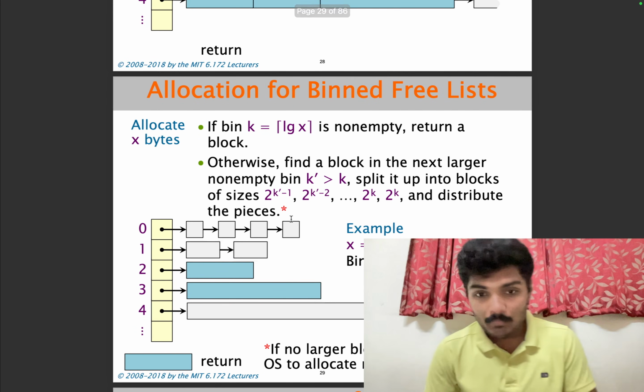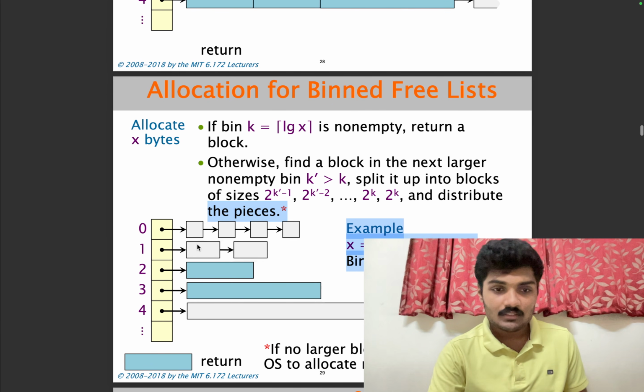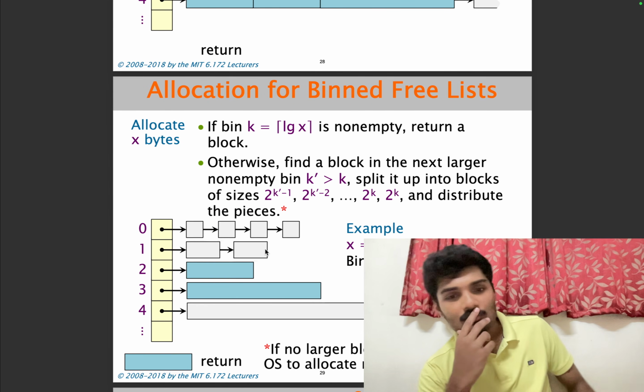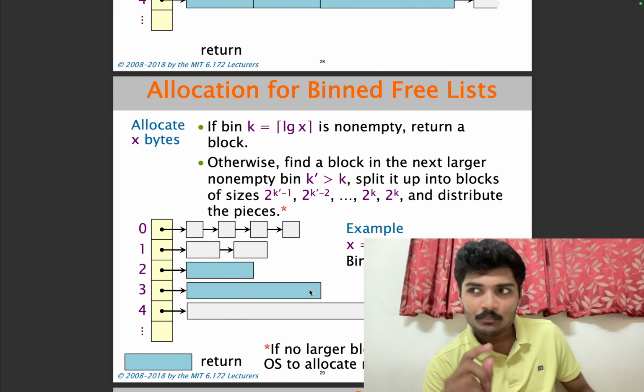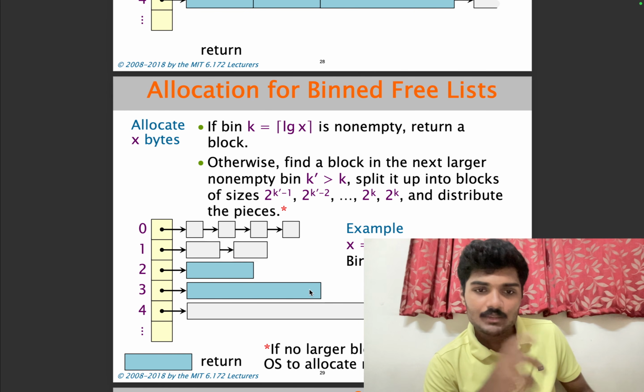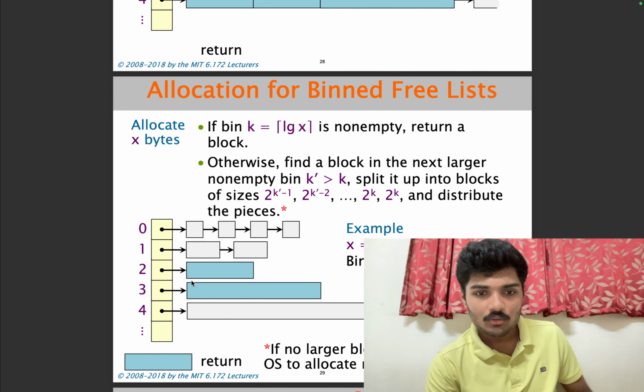So the main problem: you will look at this and say, okay, this is a pretty good structure and this can be really efficient, but the main problem here will be how we will be coalescing memory. We are moving the block of memory to the next, but how will we coalesce this?